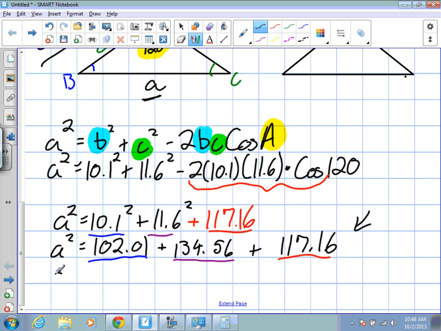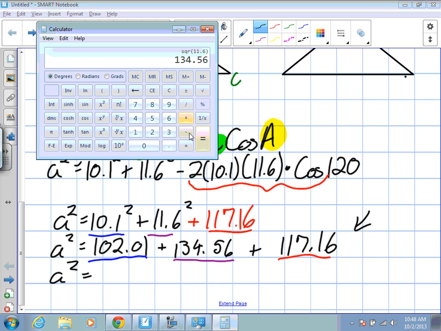We add these values together. So this is the middle number plus 117 plus 102. Oh, nuts. Who wants to help me with what that number is? I keep putting it wrong in this calculator.